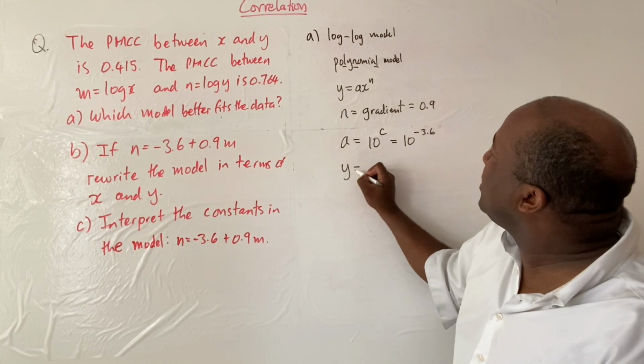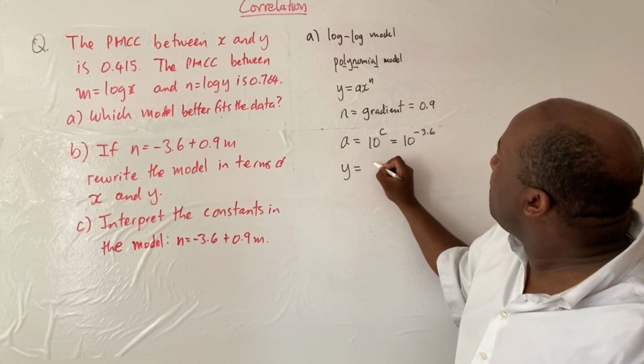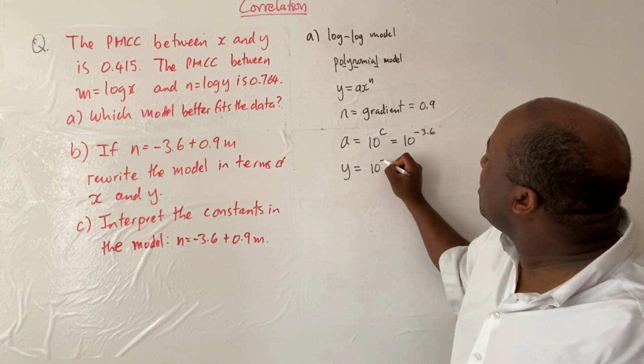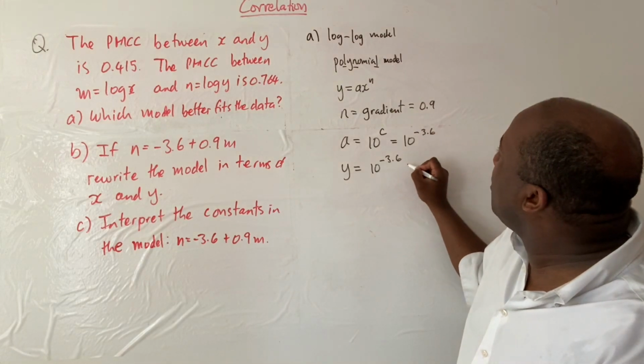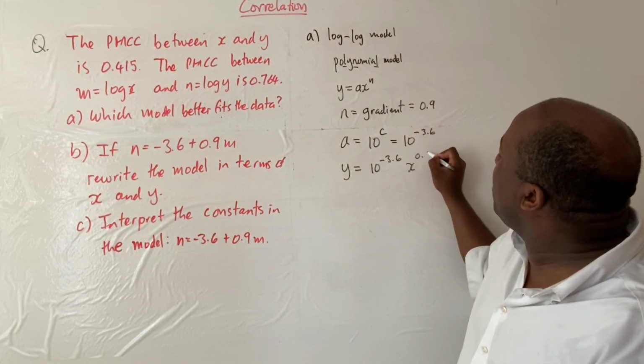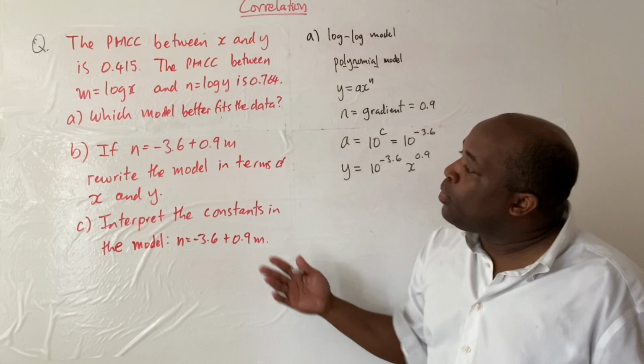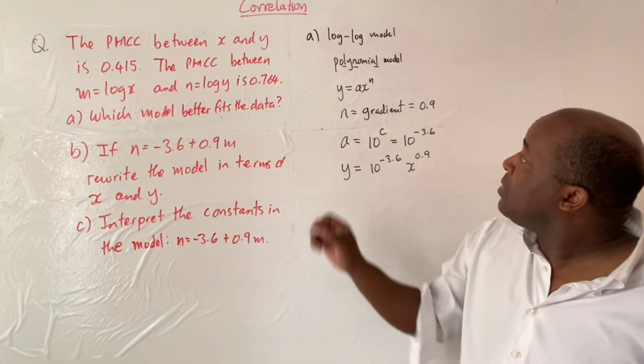So y is equal to 10 to the minus 3.6 x to the 0.9. And that would conclude part B.